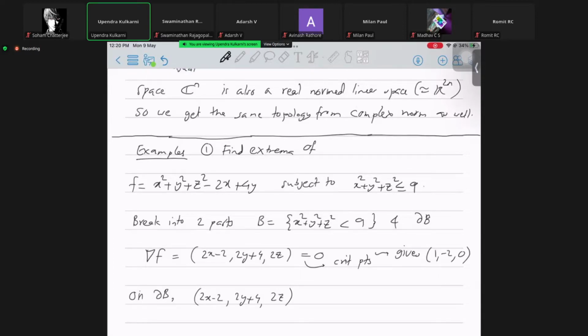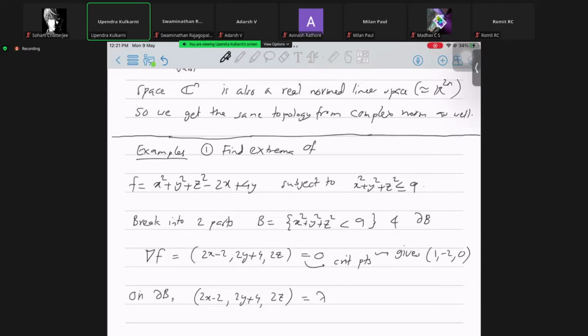What does the Lagrange multiplier method tell us, if I want to find maxima or minima of a function subject to a constraint? The constraint function is h, which is x square plus y square plus z square equal to 9. So I'm taking this level set. Delta f is equal to lambda delta h. Exactly. Provided there is the non-vanishing condition that I have to check.